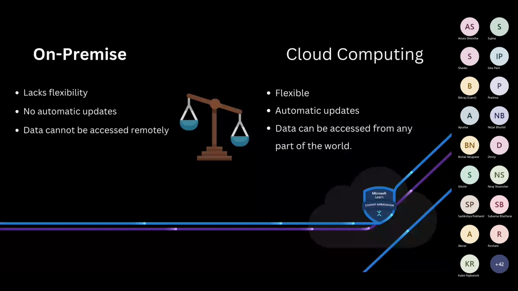But in cloud computing, I can access data from any part of the world. We have seen that using Google Drive and emails. I don't have to take a storage of my emails somewhere, because emails are stored automatically. I can delete them, I can manipulate them in any way possible. These are some of the qualities of cloud computing that make it what it is today.